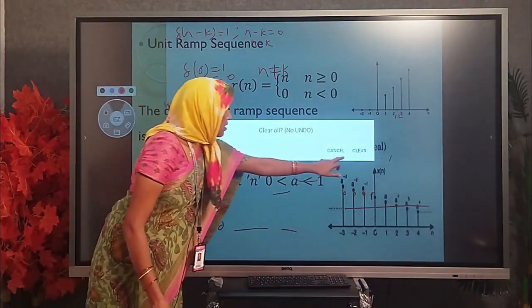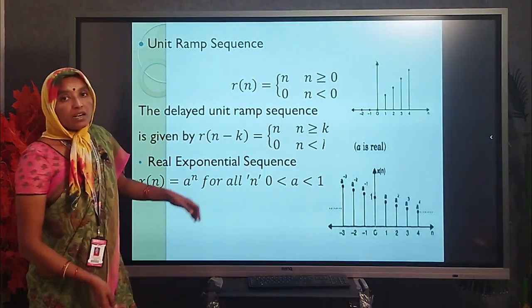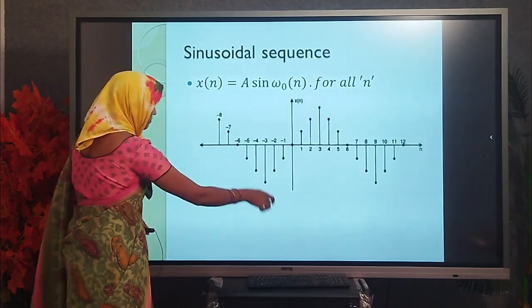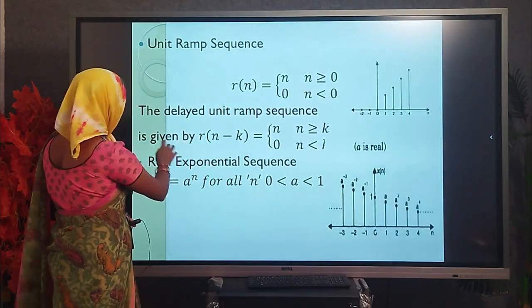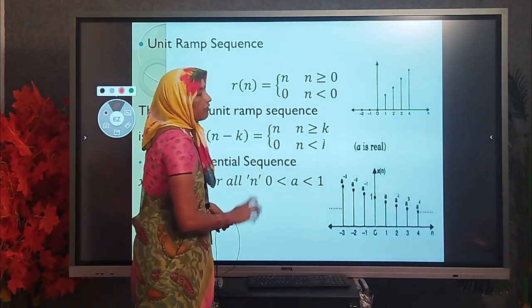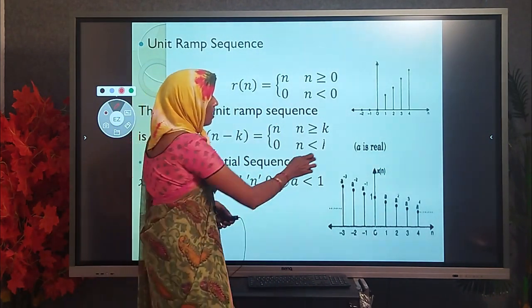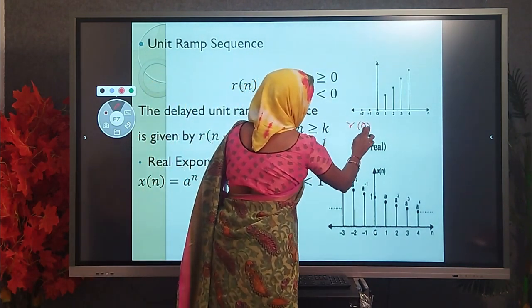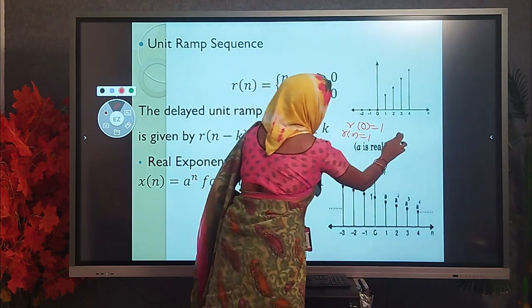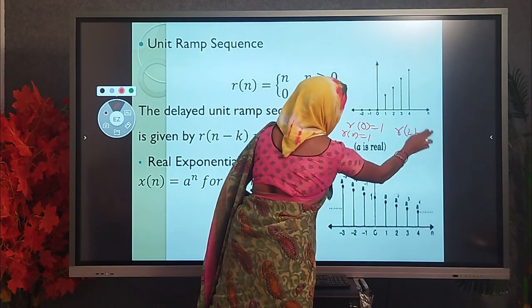And let us see about the ramp signal. The ramp signal is given by r of n, that equal to n for positive values of n and equal to 0 for negative values of n, means r of 0 is 0, r of 1 is 1, r of 2 is 2 and so on.